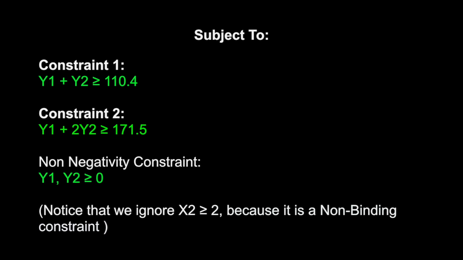And as you can see in this slide, the constraints for the dual formulation and the non-negativity constraints. Notice that we ignored the third constraint, which is x2 is greater than 2, because it's a non-binding constraint, which means that it won't affect the objective solution.